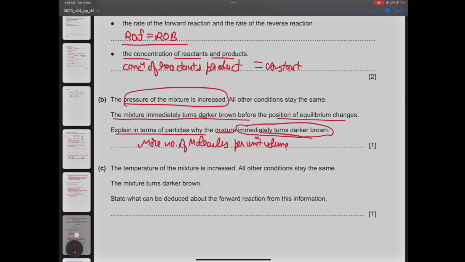You have to answer in terms of particles, not in terms of forward or backward reaction. That is why I'm writing that more molecules per unit volume are there. So greater collisions are there, meaning there will be a darker brown color.